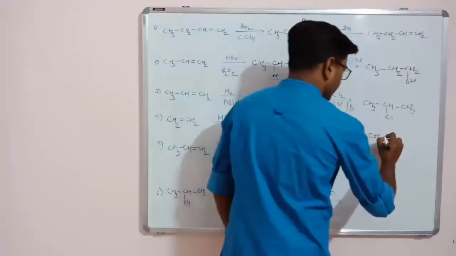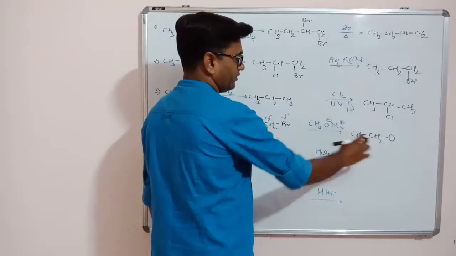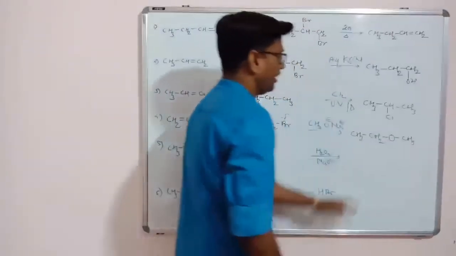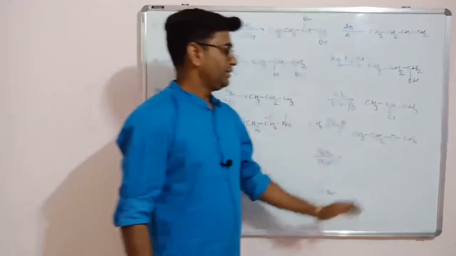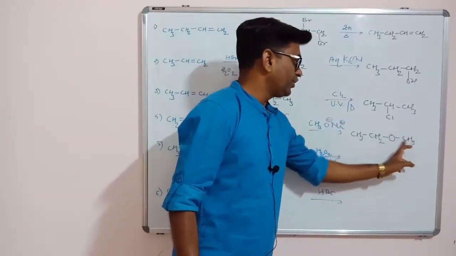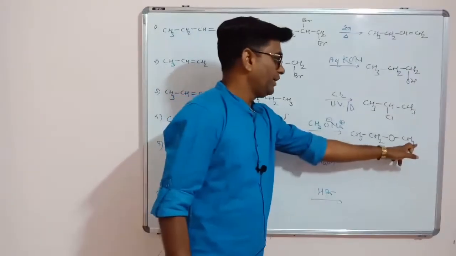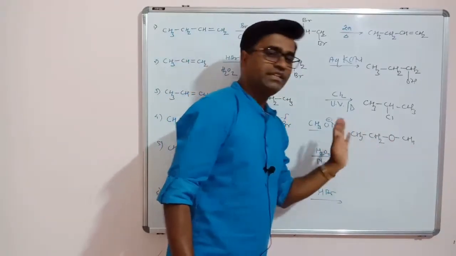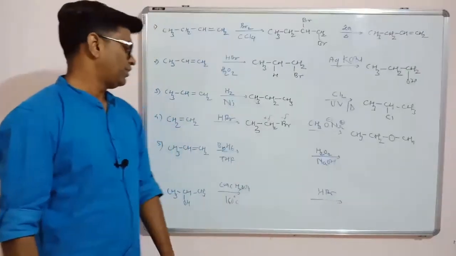So while writing you should write the negative atom first and then CH3. ROR, so this is an ether. So this is shorter, so methoxyethane, or common name ethyl methyl ether. So ether is the product.